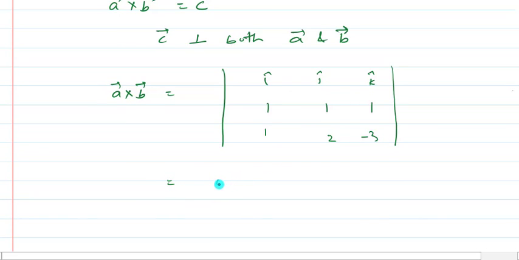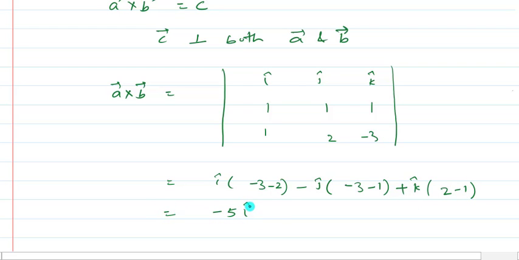This is i cap into minus 3 minus 2, minus j cap into minus 3 minus 1, plus k cap into 2 minus 1. So we are getting minus 5 i cap plus 4 j cap plus k cap as vector C. This is the name I have given as C.